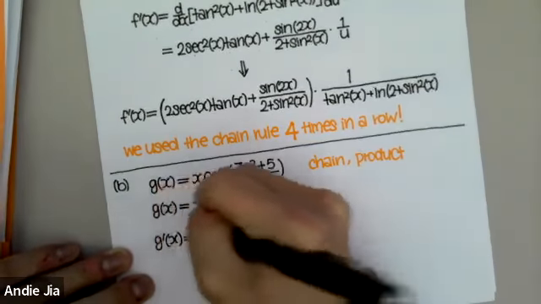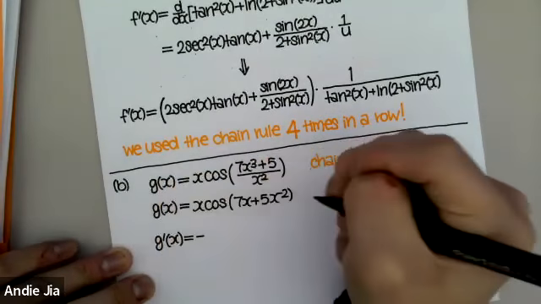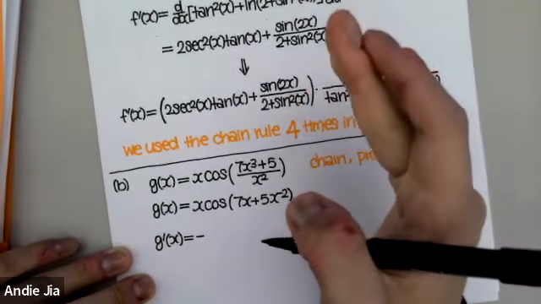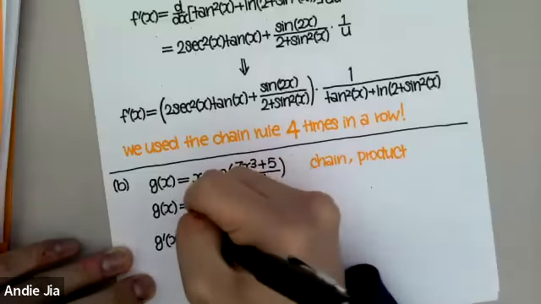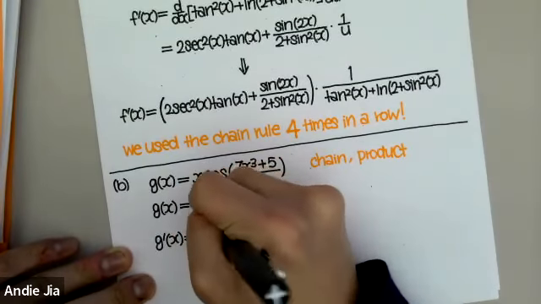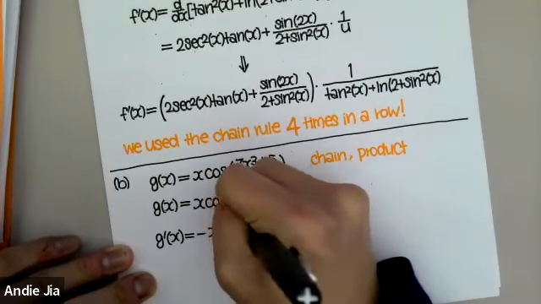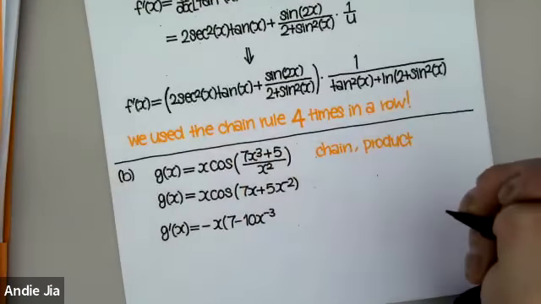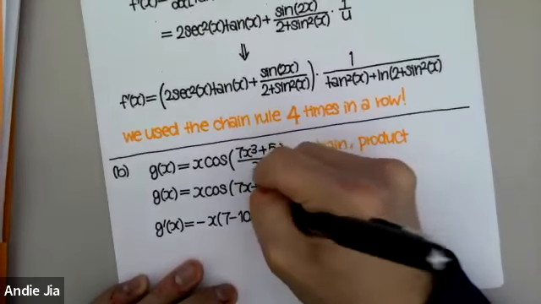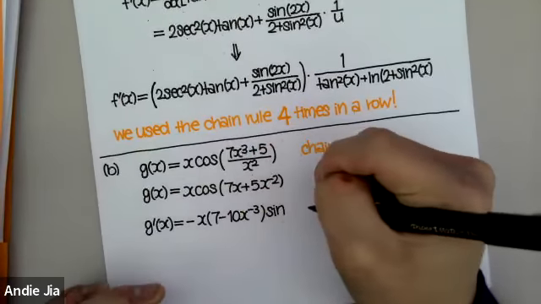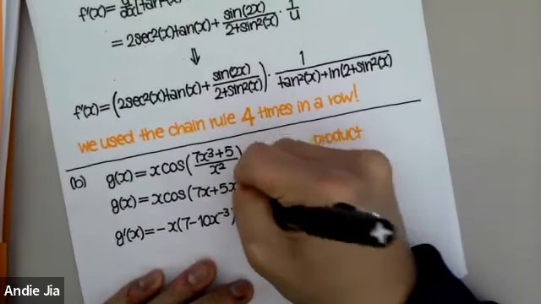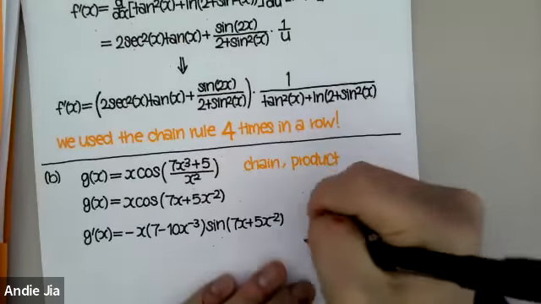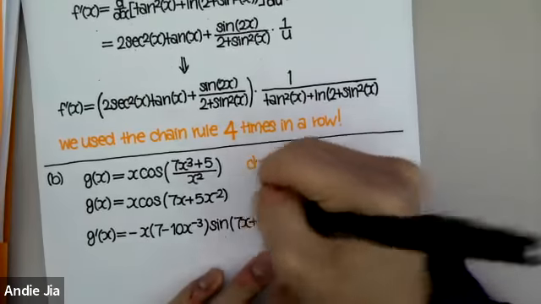It'll be a negative x, so it's going to be negative x times 7 minus 10x to the negative 3 here, actually, and then the sine of 7x plus 5x to the negative 2, plus just the cosine, because there is a 1, right?